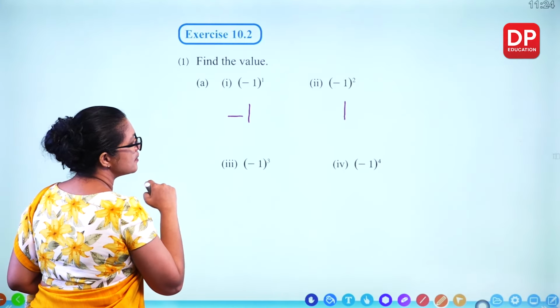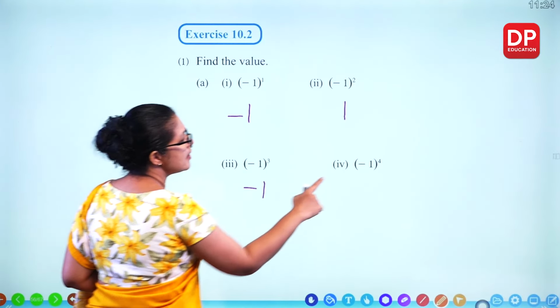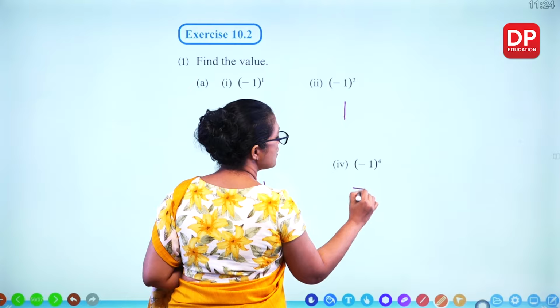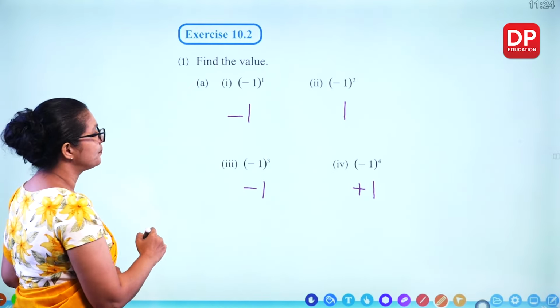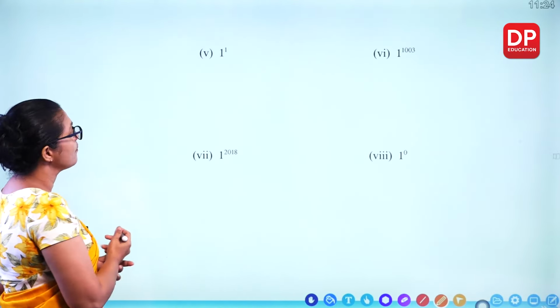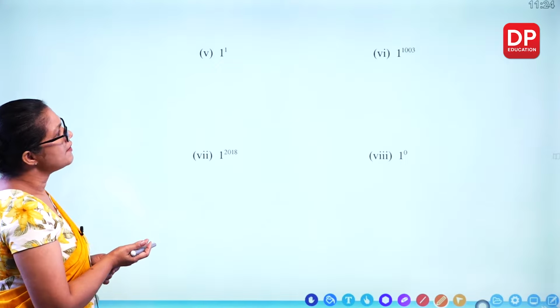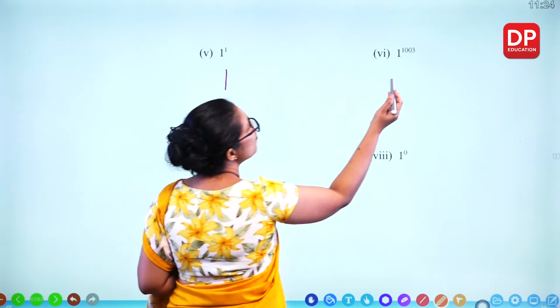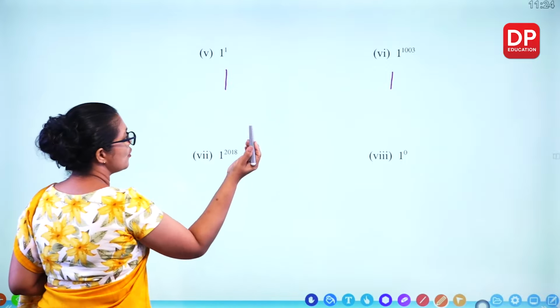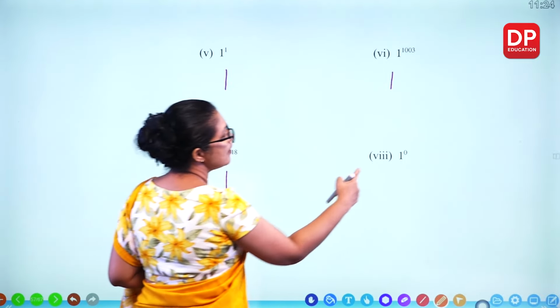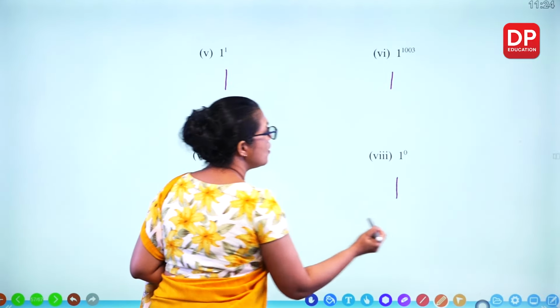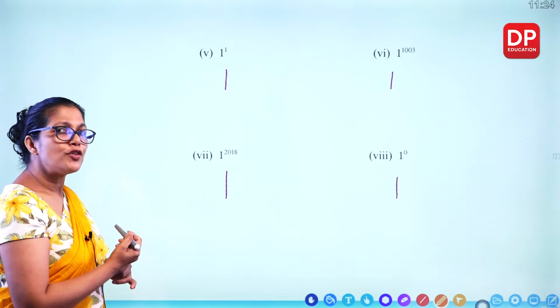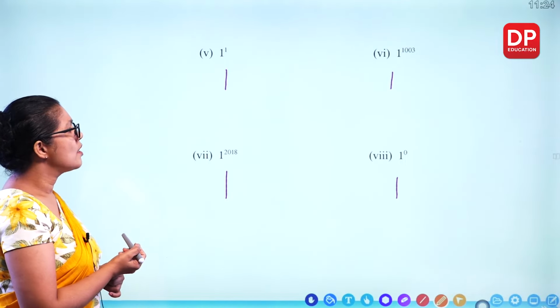Here, odd power, 3, negative 1. Even power, positive 1. Here, positive numbers, 1 to the power any number is 1. 1 to the power 1003, 1. 1 to the power 2018, 1. 1 to the power 0 is also 1. 1 to the power any number is 1.